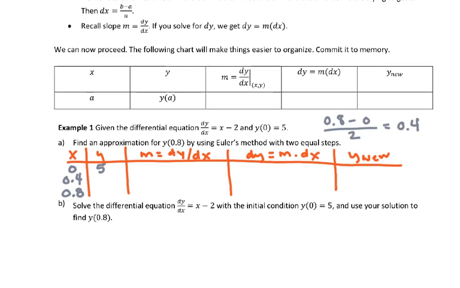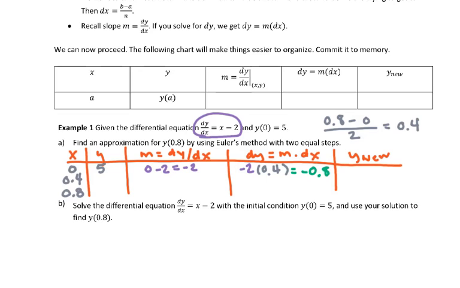Now I'm going to use my slope equation to find what the slope at (0, 5) is. That's just going to be 0 minus 2, which is negative 2. Then if I am doing that rate of change for a change in x of 0.4, I'm going to have negative 2 times 0.4, which equals negative 0.8.